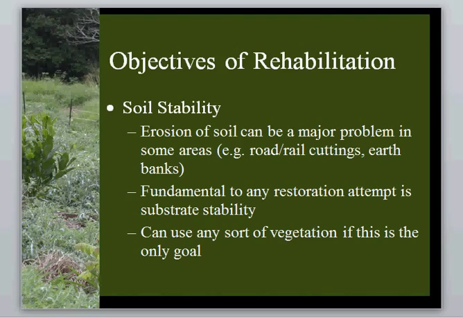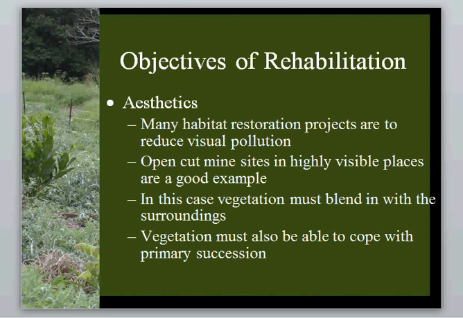Instead, we just choose the genotype which is the best suited and gives the best chance of the plant growing and succeeding in that location, no matter what it is. So restoring that ecosystem function of soil stability is fairly easy, because the choice of species can be made to maximize the chance of success in that particular environment.